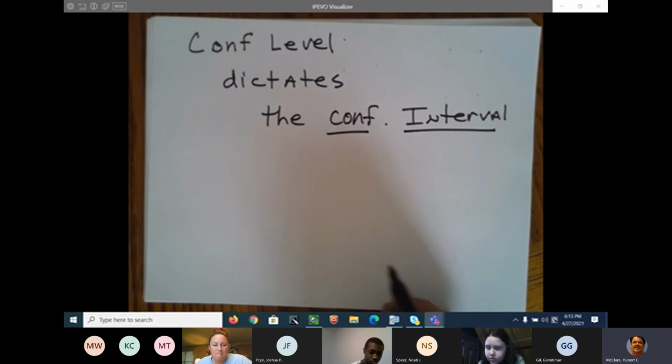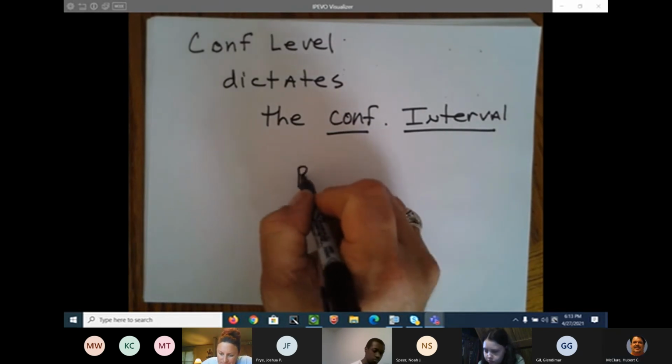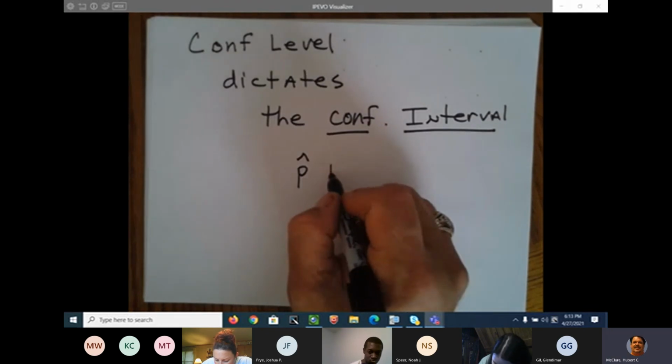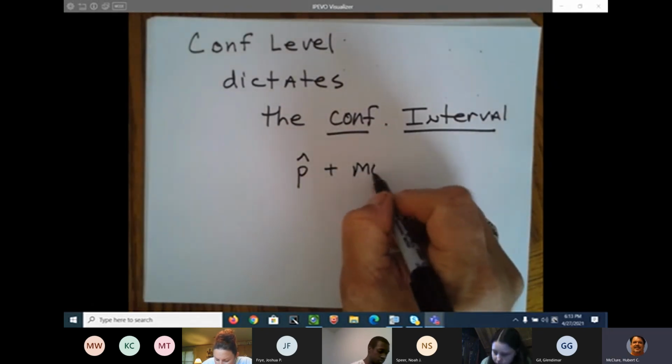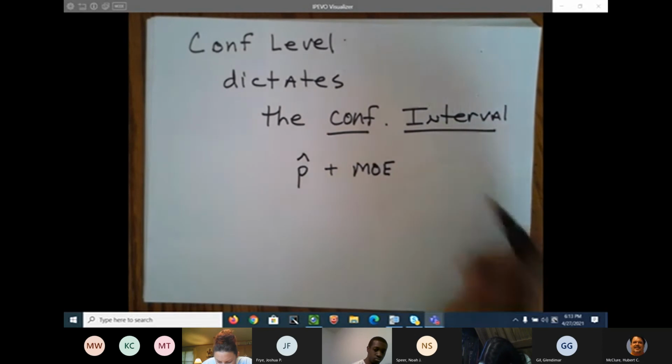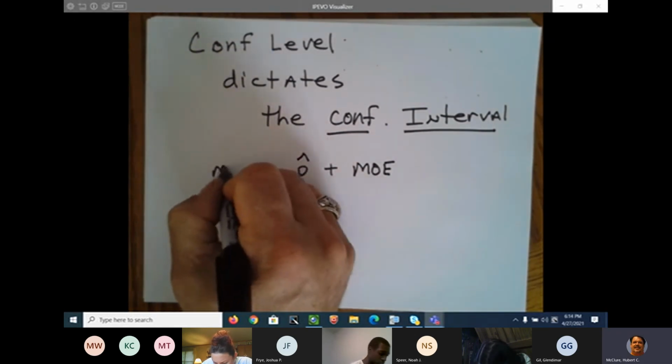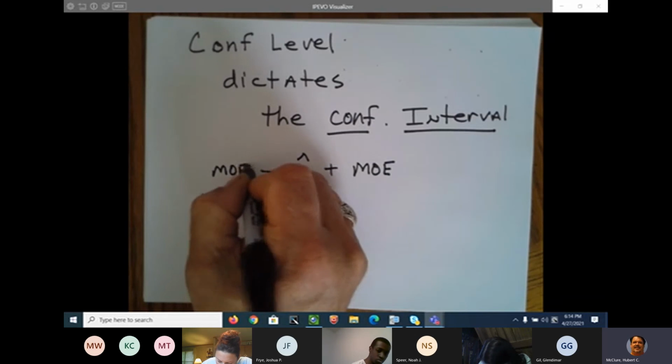It's made up of P hat, and it's usually in the middle. Then to the right, you add what we call the margin of error, and to the left, you subtract the margin of error.